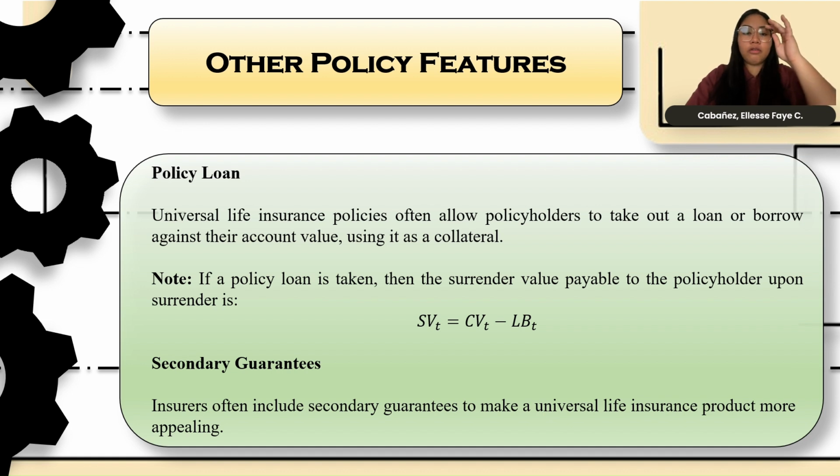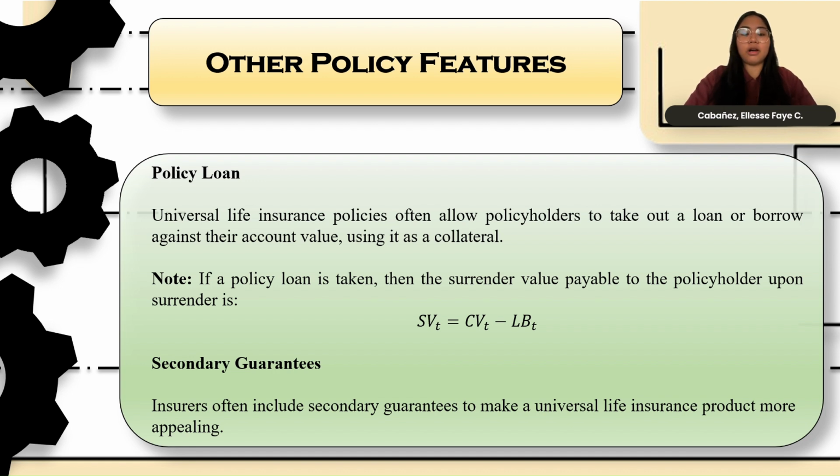Now, this helps you cover emergency expenses without giving up your insurance coverage. But when this loan is taken or when the policyholder decides to cancel the insurance coverage, then the surrender value payable would be equal to the cash value minus the outstanding loan balance.